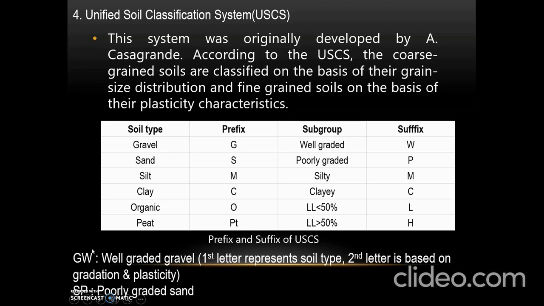So this second letter represents gradation. We know that the suffix W is used for well graded. Hence we write GW as well graded gravel. Similarly, SP represents poorly graded sand because P stands for poorly graded and S for sand.